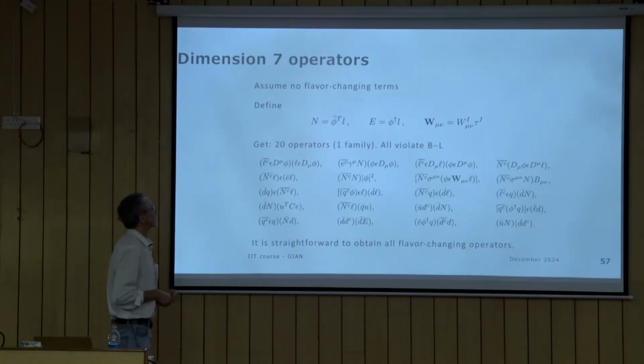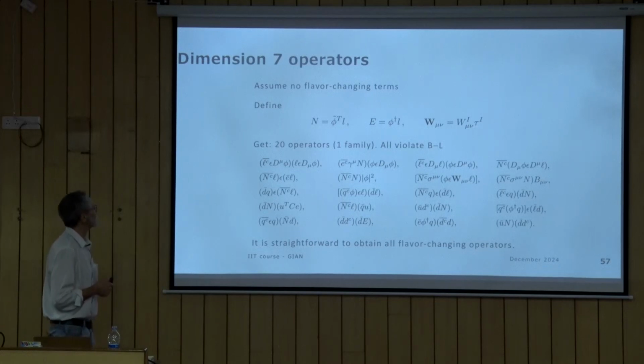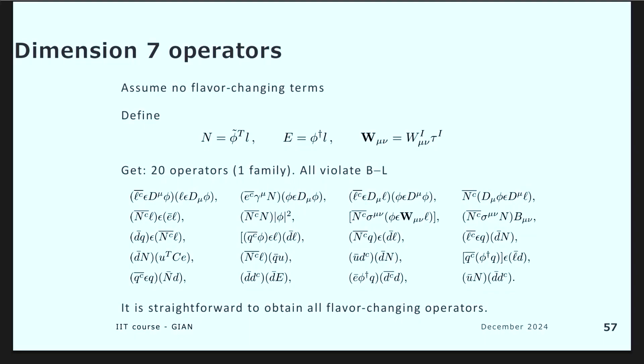Okay, so now I'm going to briefly mention the yet higher dimensional operators. And in fact, you can go through the same process as with dimension 5 operators, dimension 6 operators, and you get these guys, 20.